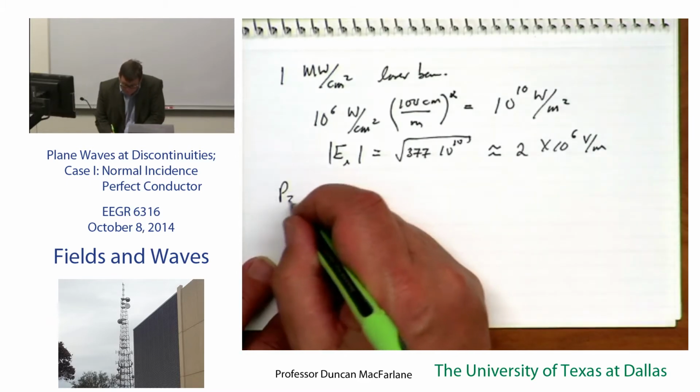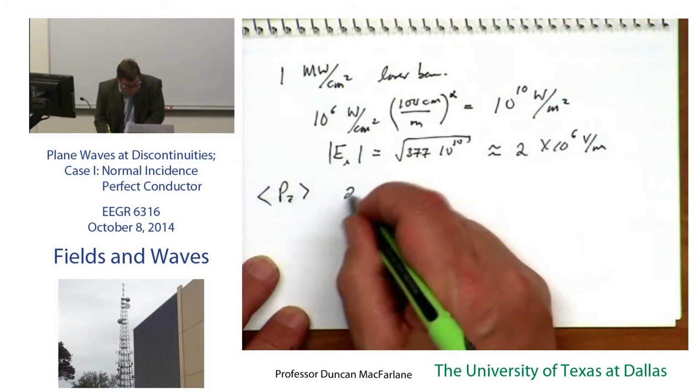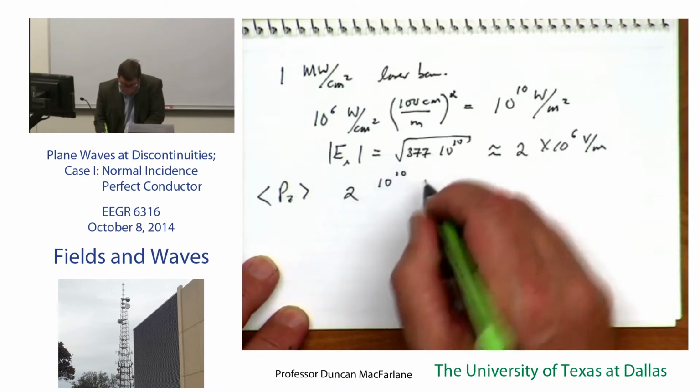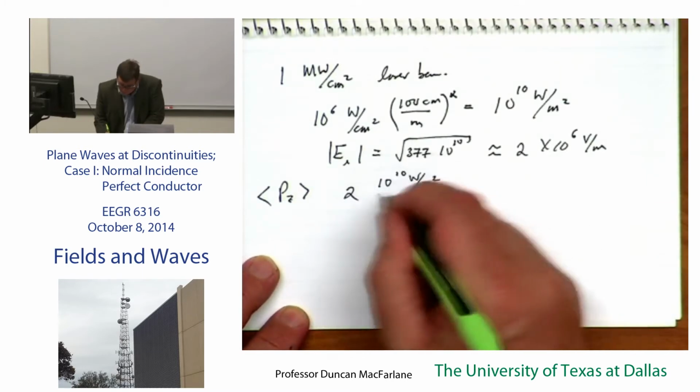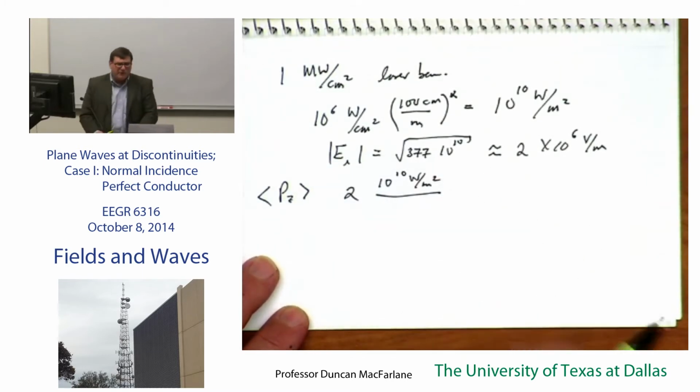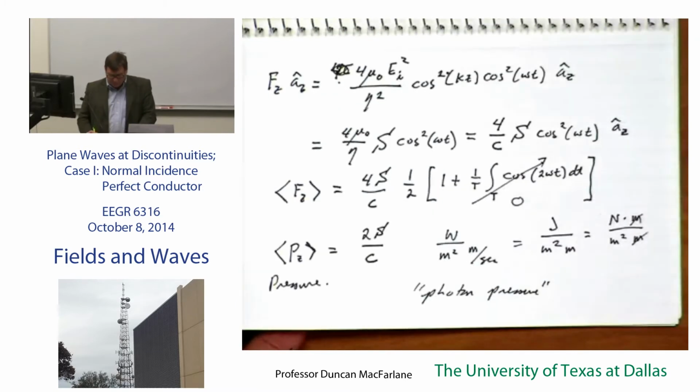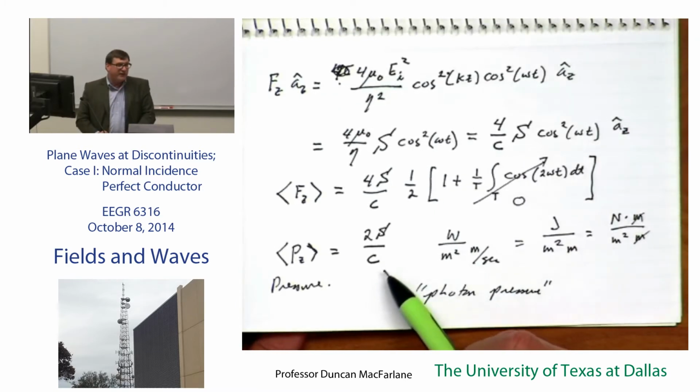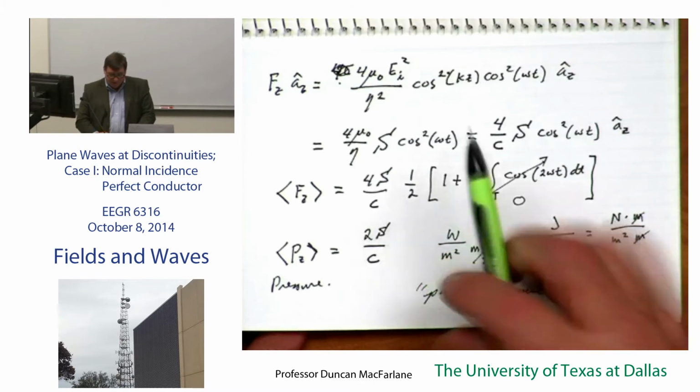So the pressure in the z direction, 2 times 10 to the 10th watts per meter squared. Now this is really where we see what's going on. There's a c in the denominator, and c is a huge number. So the power in the beam is fighting that c.